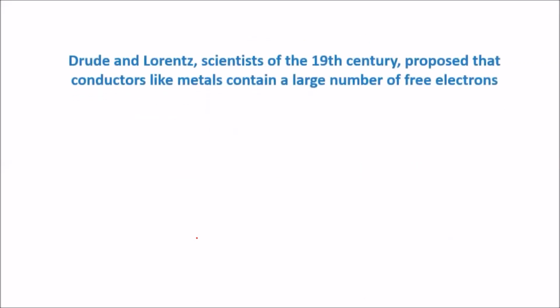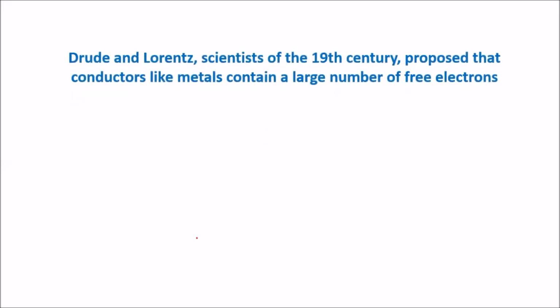Next, Drude and Lorentz, both are scientists of 19th century. They told that conductors or metals contain large number of free electrons. So because of free electrons, conductors conduct electricity. That is a concept we have learnt in our previous video.